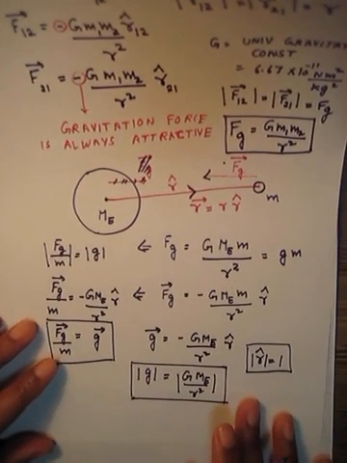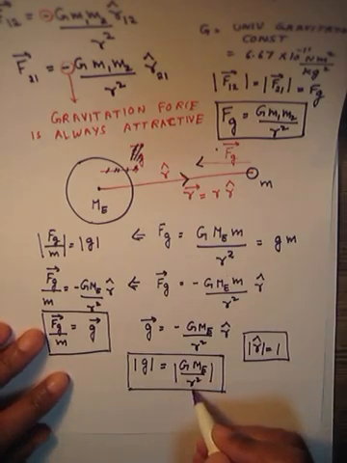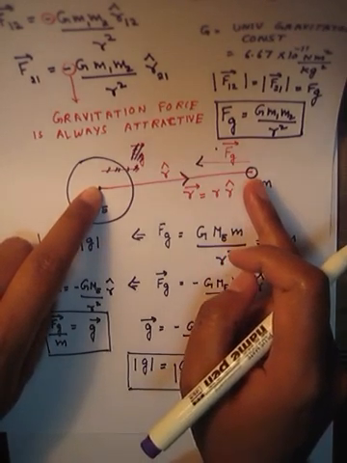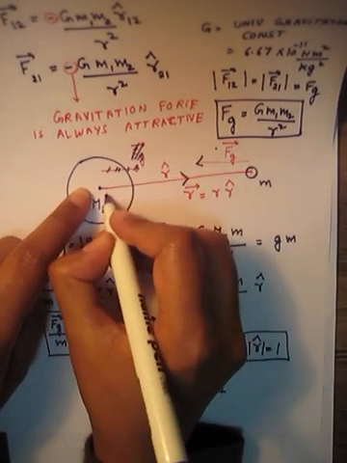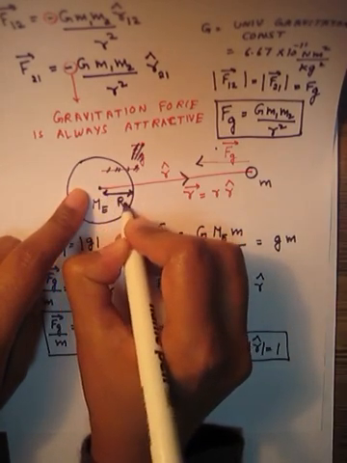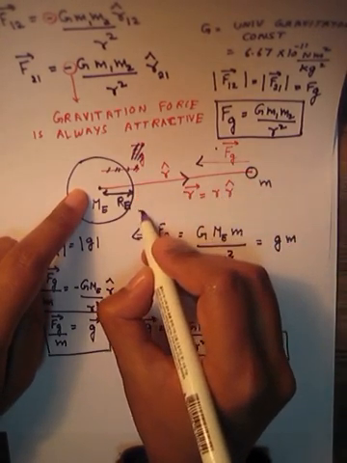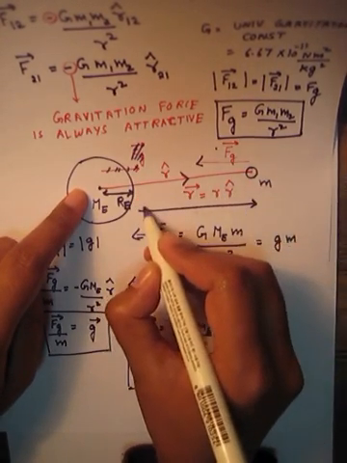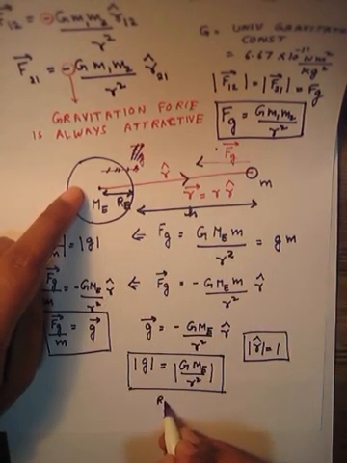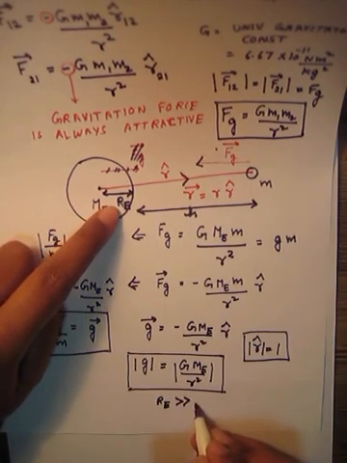And if we put the values, we also have to understand what this r is. r is the distance from the center of Earth to the center of this mass. The radius of Earth is given by Re, while this is the height at which the object is, let us say h. Usually the radius of Earth is very large compared to small h.